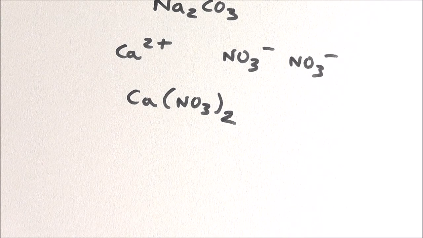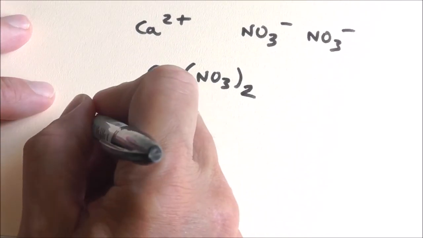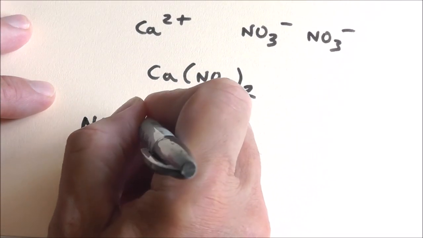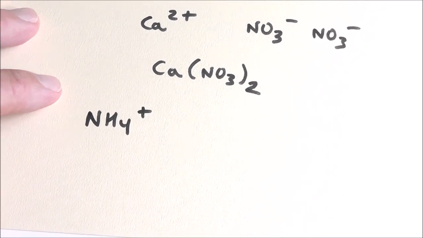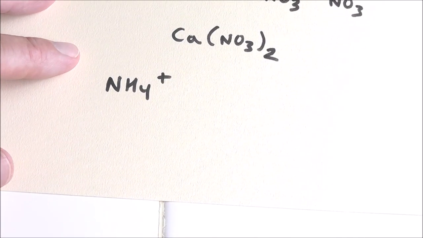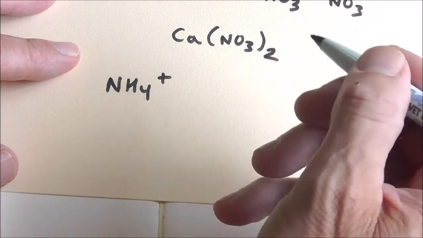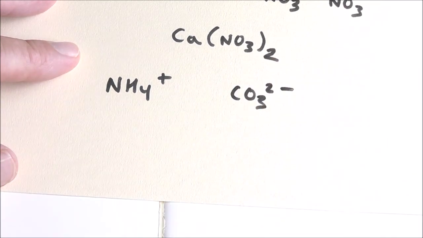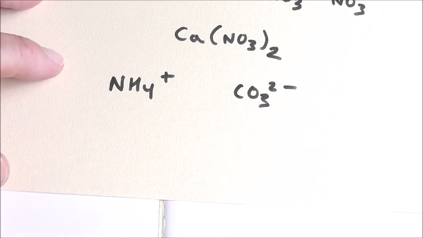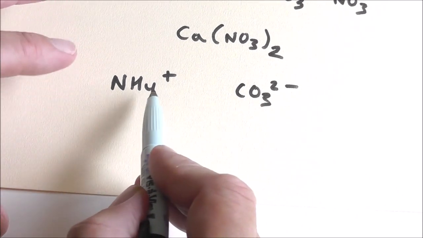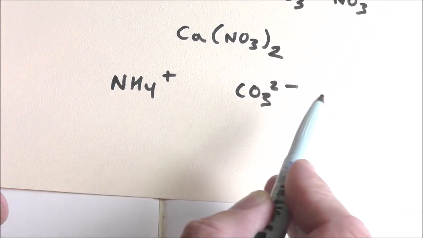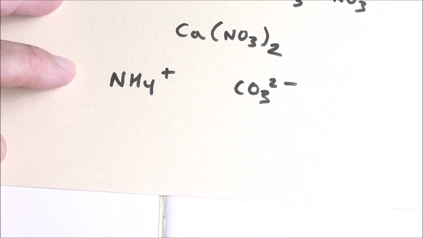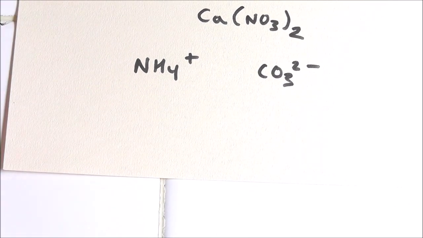That could happen the other way around too. There's actually not many polyatomics that are positive, but there's one, the ammonium. And if I had that with a carbonate, CO3 2 minus, don't worry about what's in front of the positive or negative. Just concentrate on what the charges are.